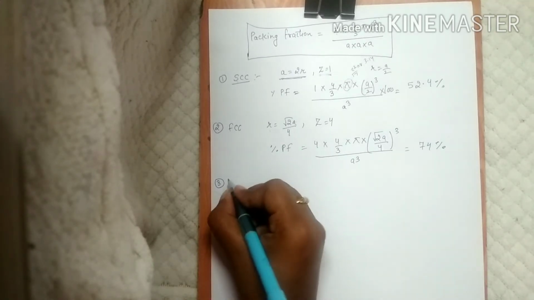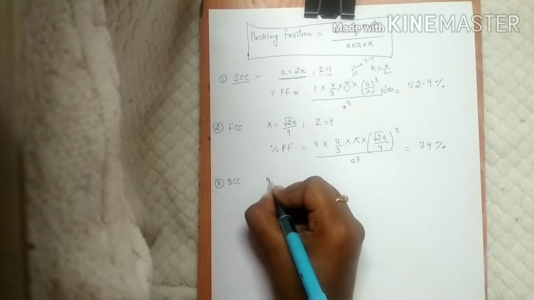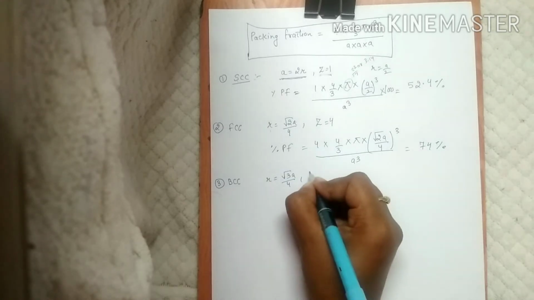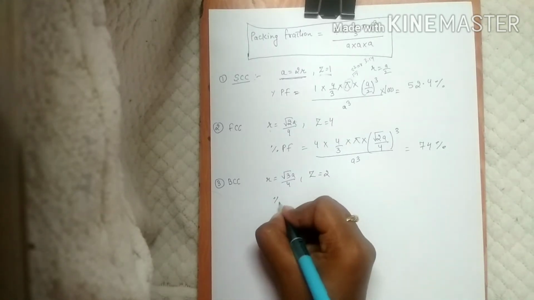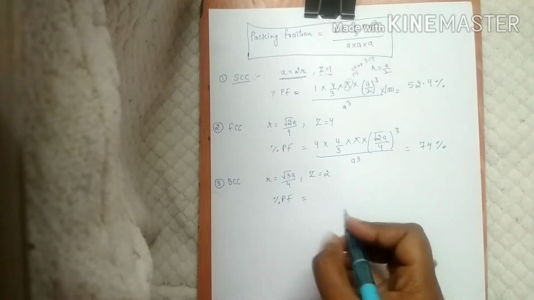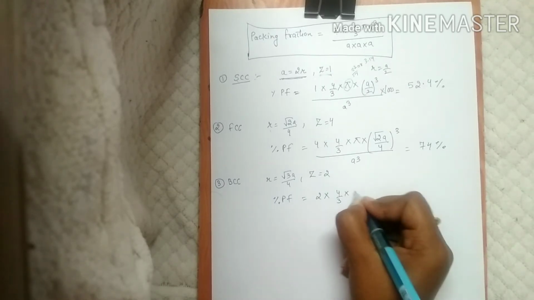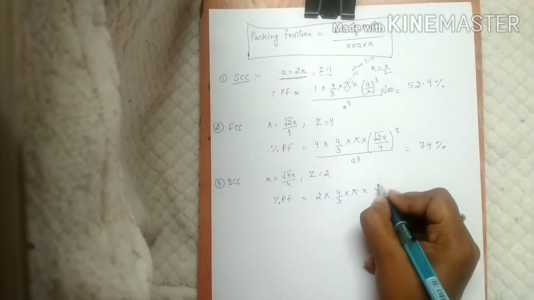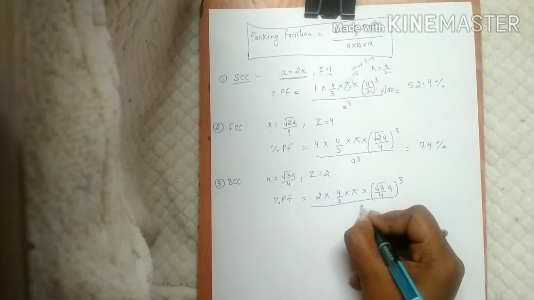Third is the case of BCC. In case of BCC, we have r is equal to root 3 a by 4 and the value of Z is 2. So percentage packing fraction comes out to be Z is equal to 2 into 4 by 3 into pi into, instead of r we're going to write root 3 by 4 a, whole cube upon a cube.